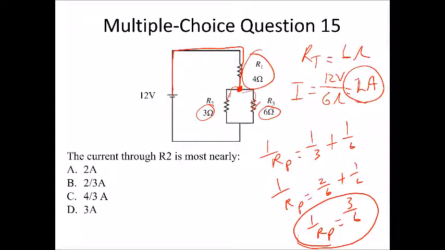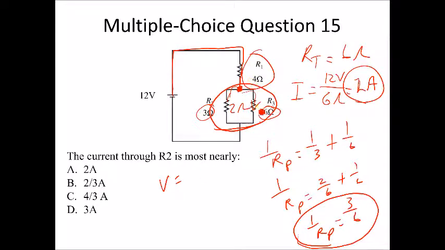Before we can calculate the current through each branch, we really need to know the voltage drop across each branch. The way we're going to calculate that voltage drop, remember, we're thinking of this as one resistor, and that one resistor has an equivalent resistance of 2 ohms.